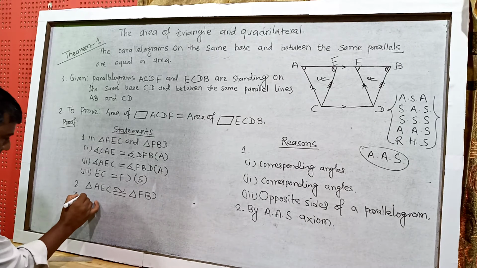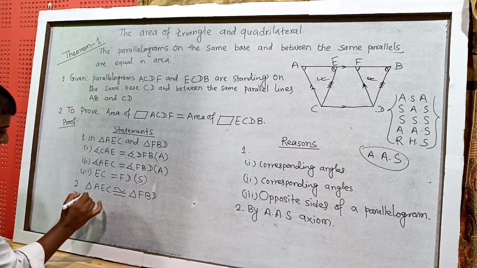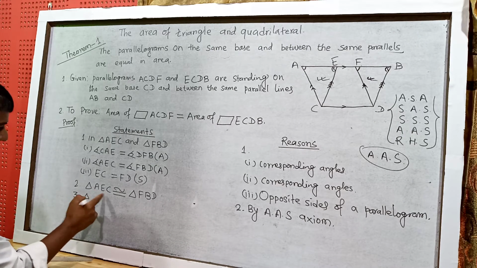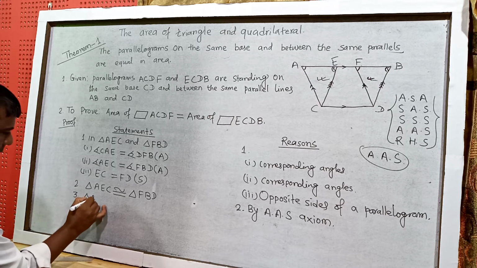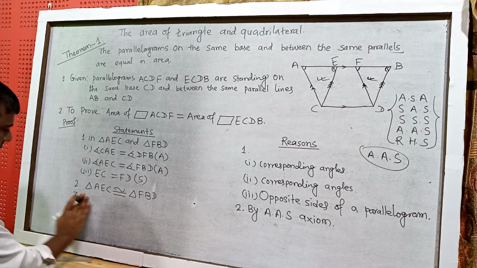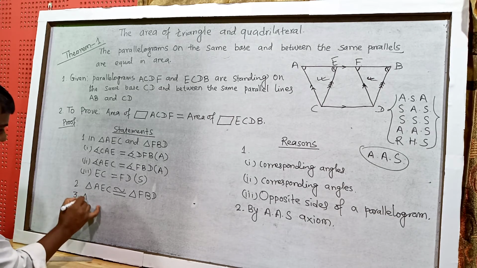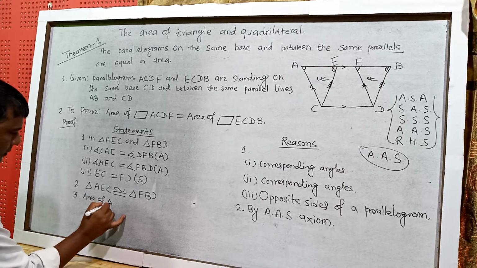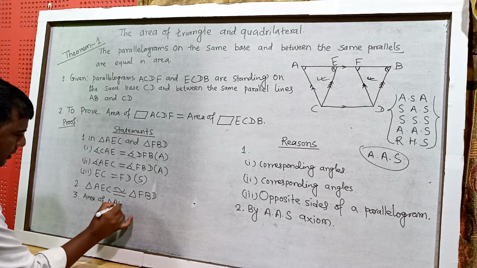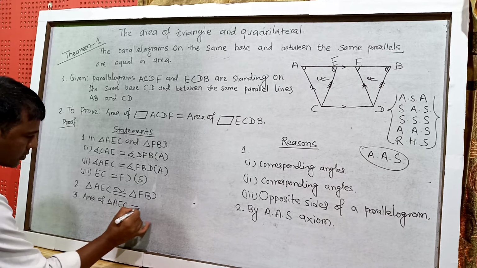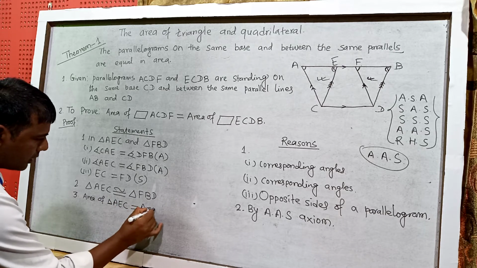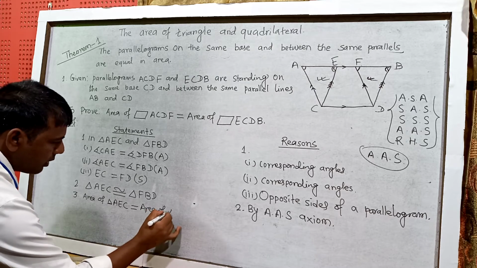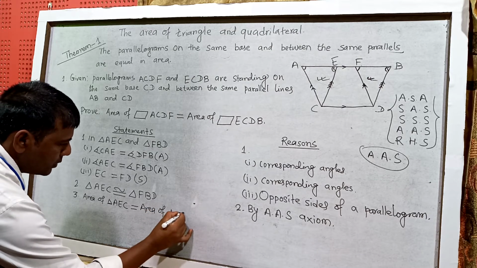So let's write area of triangle AEC equals area of triangle FBD.